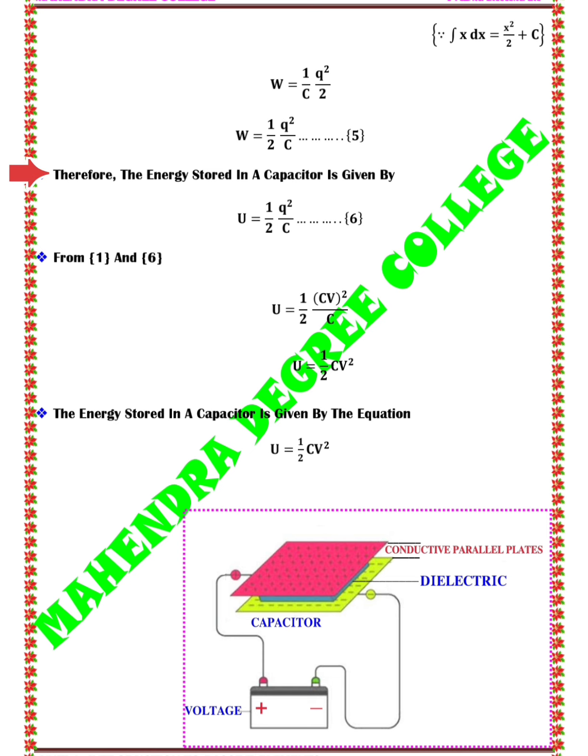Therefore, the energy stored in a capacitor is given by U equals 1 by 2 Q square by C. This is equation number 6, where W, that equals U, represents the work done W in charging a capacitor, which is stored as the electrical potential energy U in the capacitor.